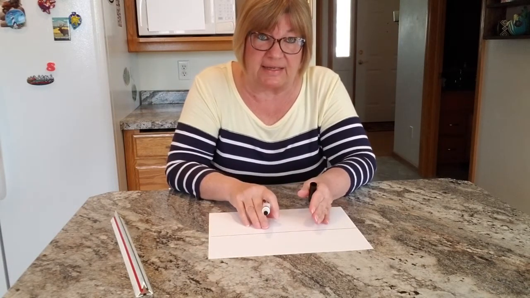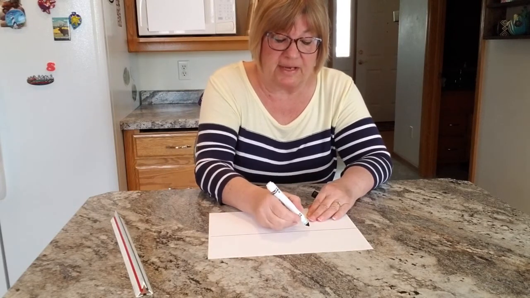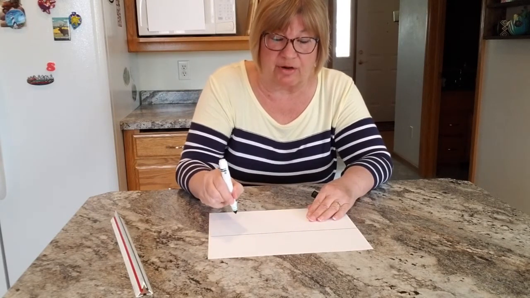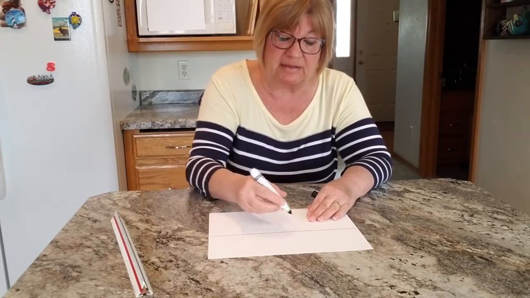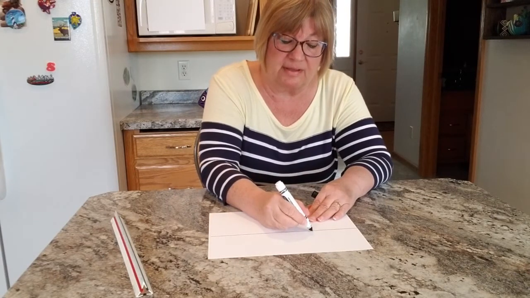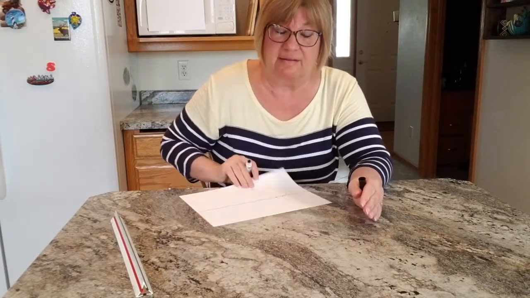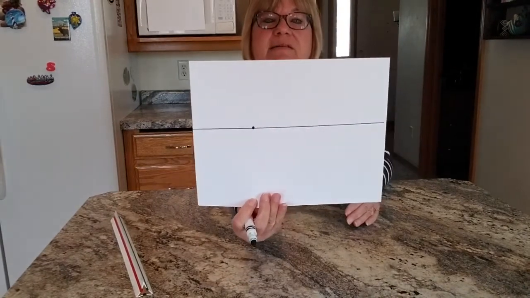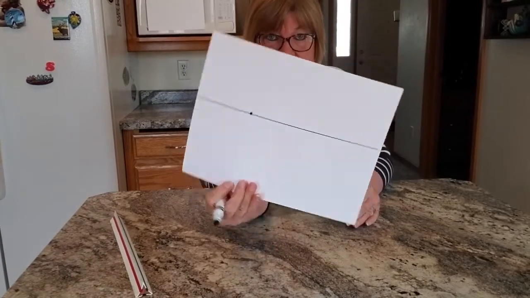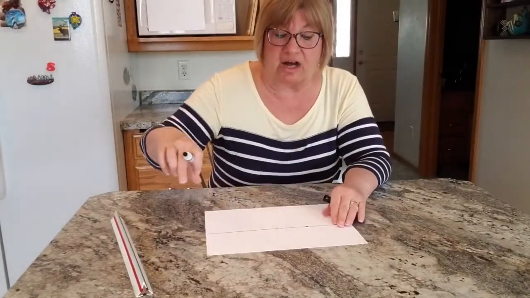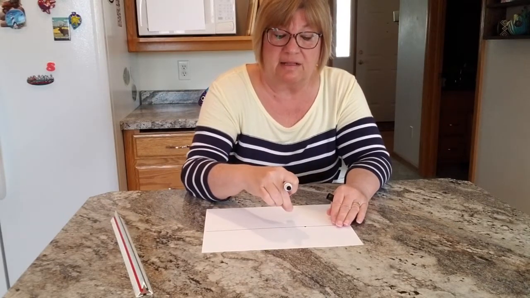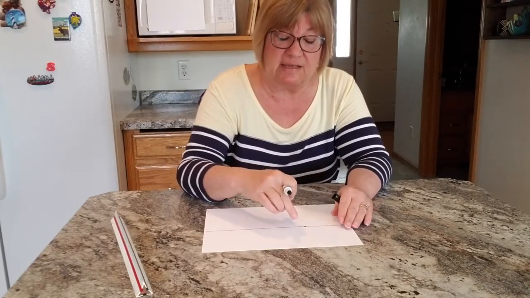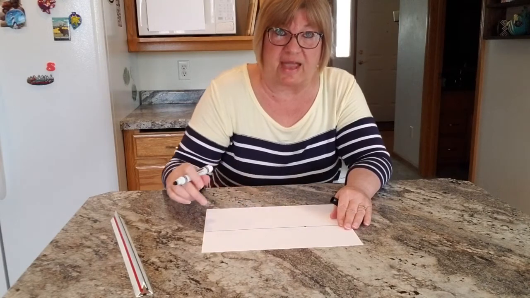I'm going to put mine a little bit to my left because most of the things I draw are going to be on the right, and that will give me a little more room for them. So there, I put a dot. That dot is called the vanishing point because all of our converging lines, like we saw in the paintings, are going to come together at that point.